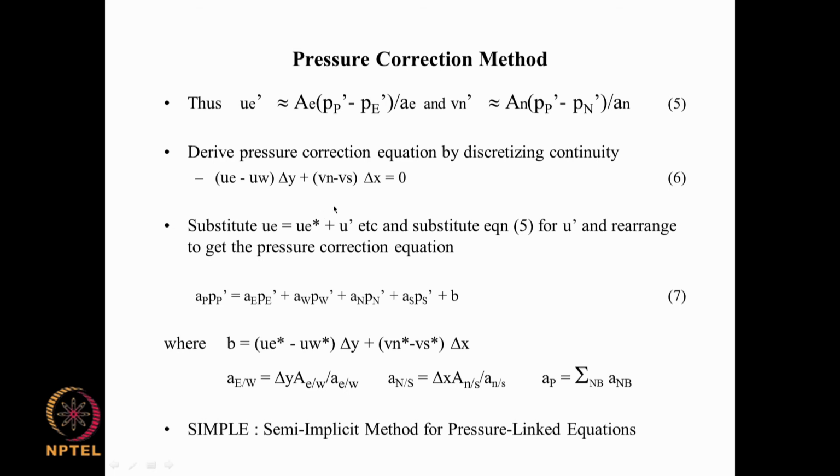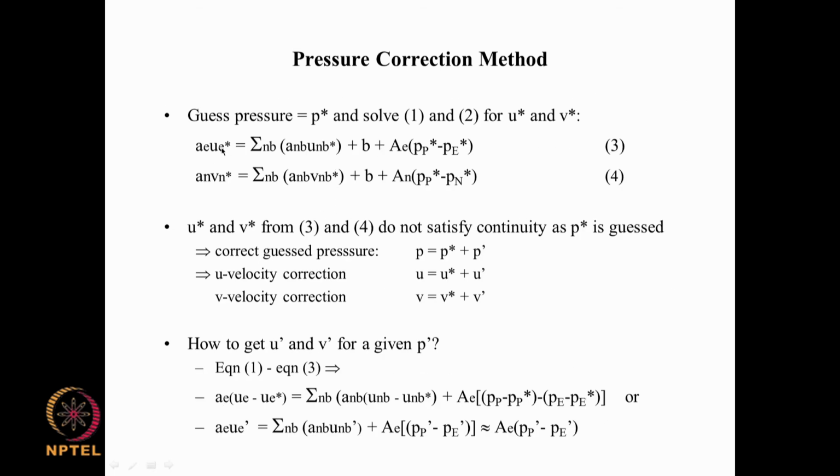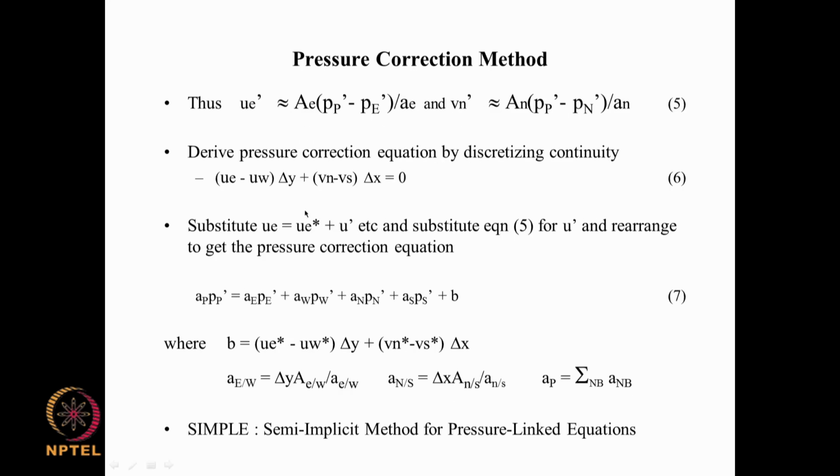At this stage we have already calculated all the velocities u star at all these points, because we have solved this. So, the star quantities in this are already known. This gives us an expression like u e prime minus u w prime times delta y, plus v n prime minus v s prime times delta x, equal to 0.